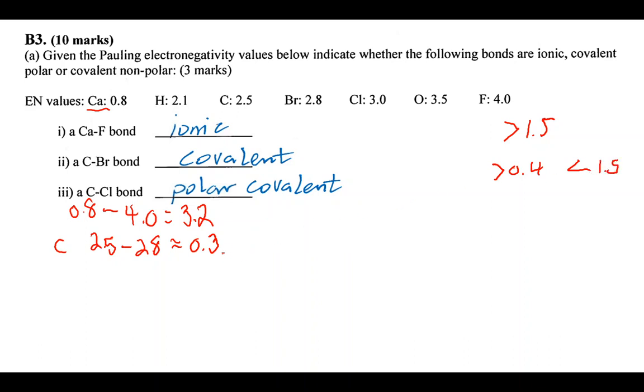So in this case, this 0.3 is less than 0.4, so it's not a polar covalent bond, it is just a covalent bond. So then looking at the third one here, C-Cl, carbon again has 2.5, and chlorine has 3.0. So that is a difference of 0.5. So that is above the threshold to be considered a polar bond. So in this case, this one is a polar covalent bond.